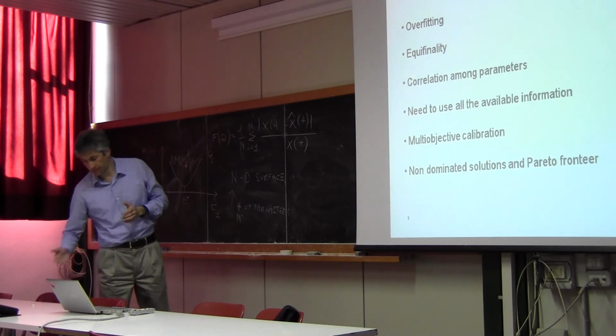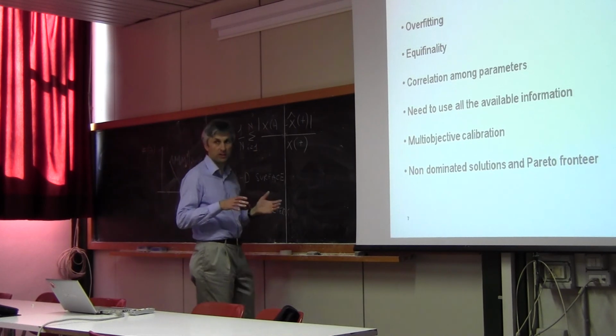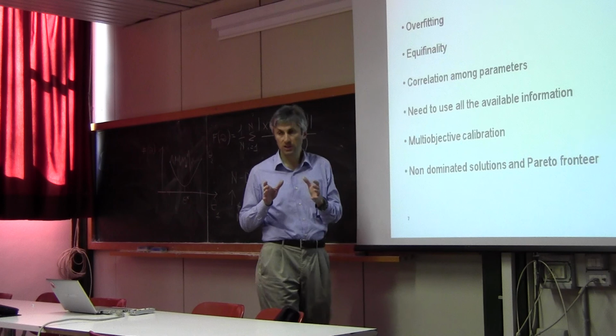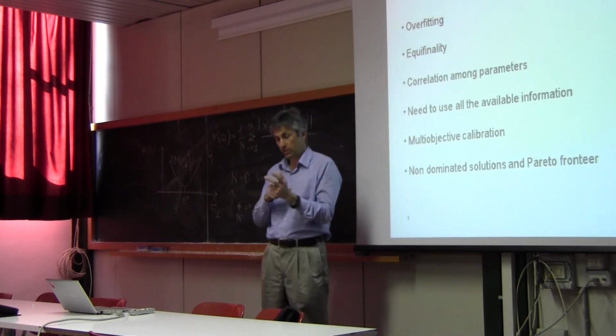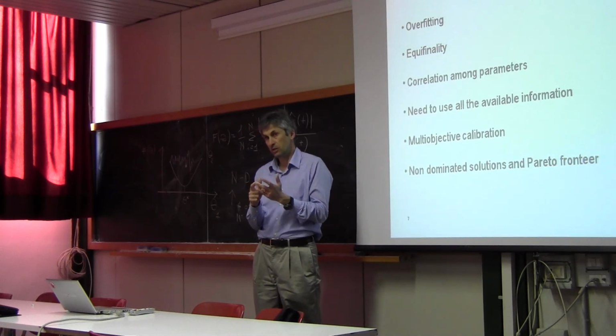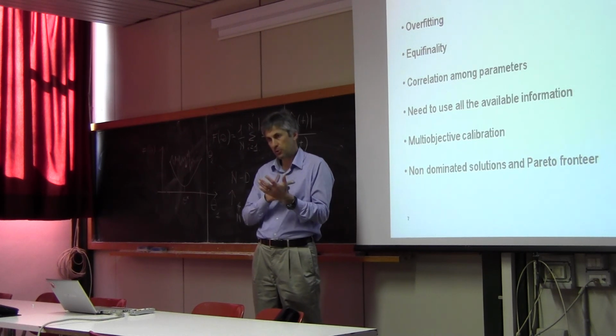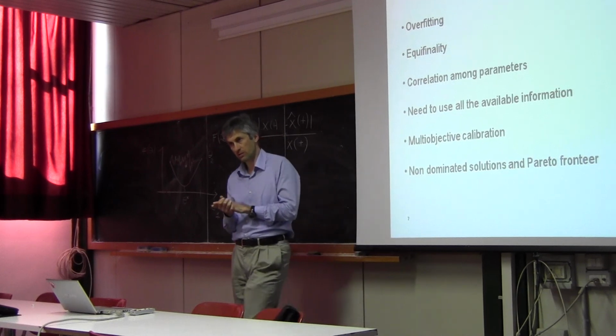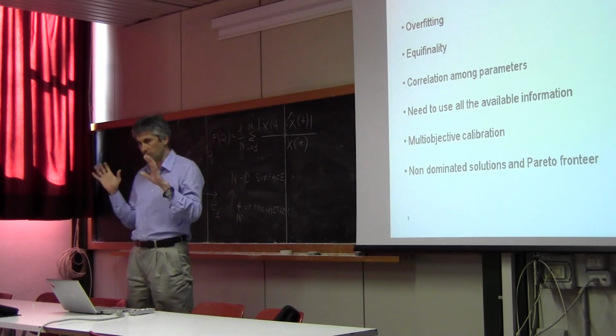Let me make a very extreme example. Let's suppose that you want to estimate 5 parameters with 3 observations. You can understand that there is something wrong. It cannot work. Because if you have 5 degrees of freedom, it means that you have to impose at least 5 conditions. This is a minimum requirement.